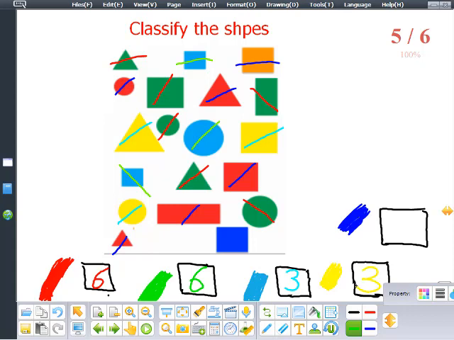Well, what about the last one? It's a dark blue. That means blue. Let's count the blue. Here we have 1 blue shape. So let's write 1 here beside the blue. Is it easy for you?